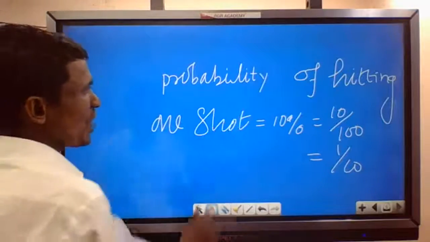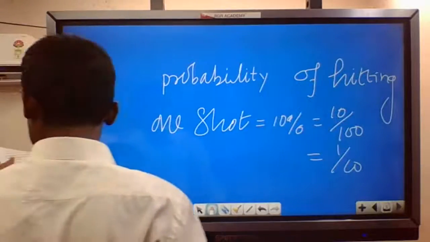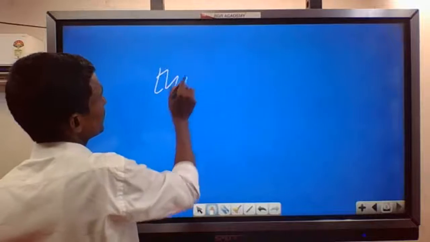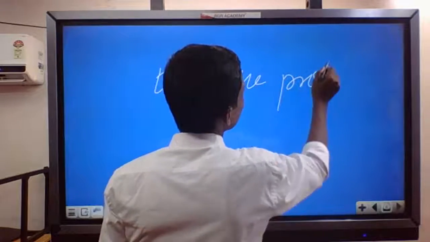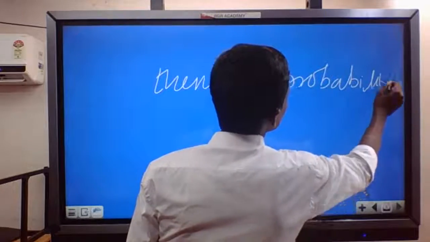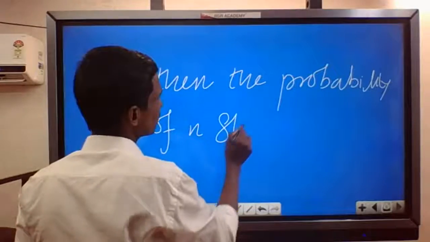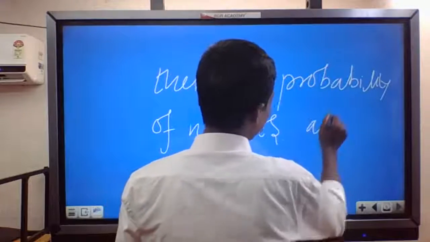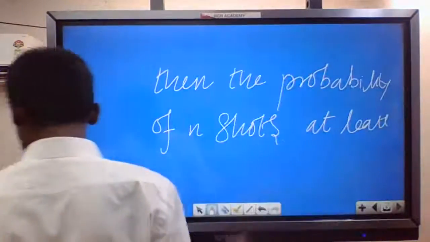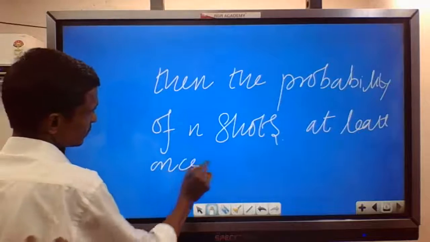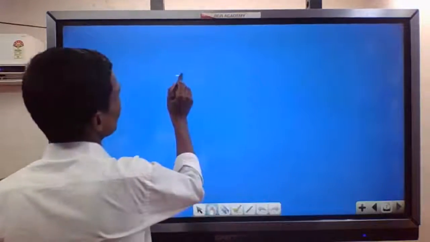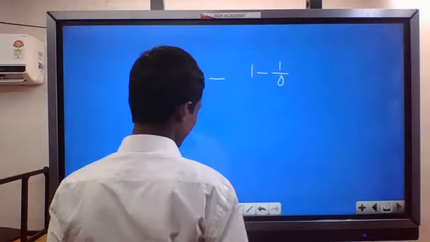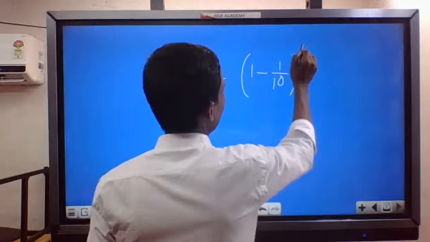Then the probability of hitting at least once in n shots is 1 minus (1 minus 1 by 10) whole power n.